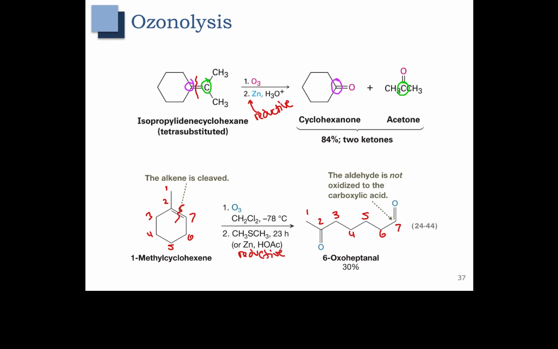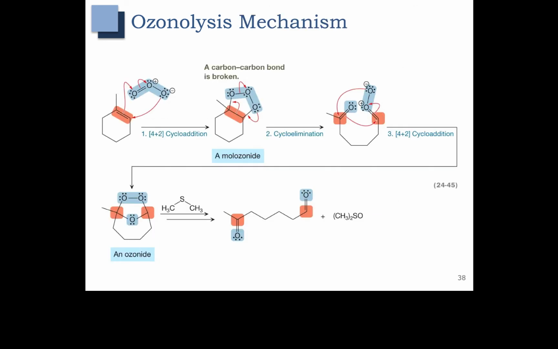Reductive workup can include zinc and acid, as shown here, or dimethyl sulfide. In the mechanism for ozonolysis, make sure that you're careful to correctly draw out the Lewis structure of ozone, or O3.